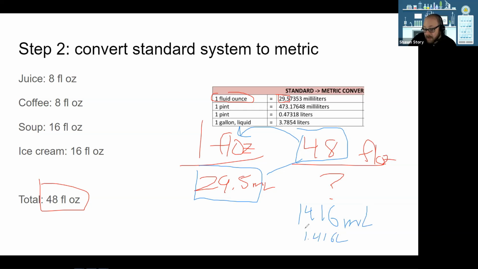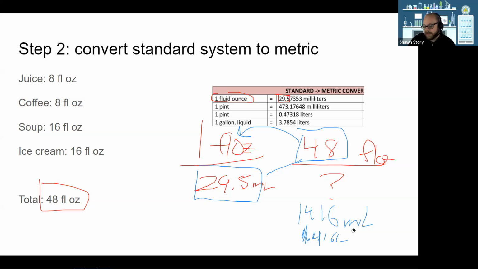1.416 liters. So it's almost 1.5 liters, right? It's almost like 1.5 liters of Coca-Cola. That's how much liquid they took in altogether. How cool is that? So we can easily convert between milliliters to liters. Once we get into the metric system, everything is so much easier.